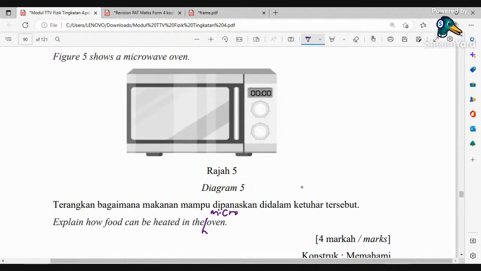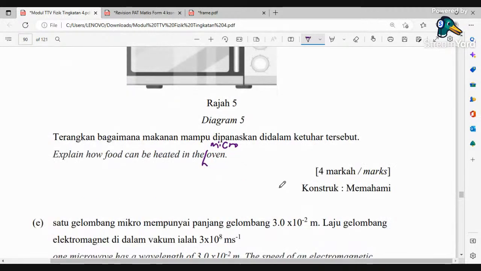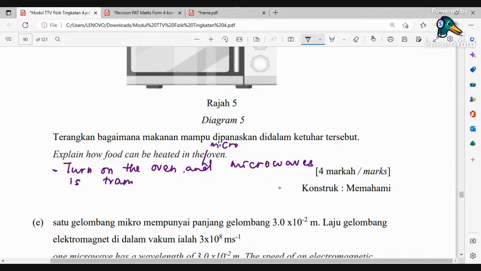Microwave oven. So microwave oven using microwave. So the first part, turn on the oven and microwave is transmitted out.